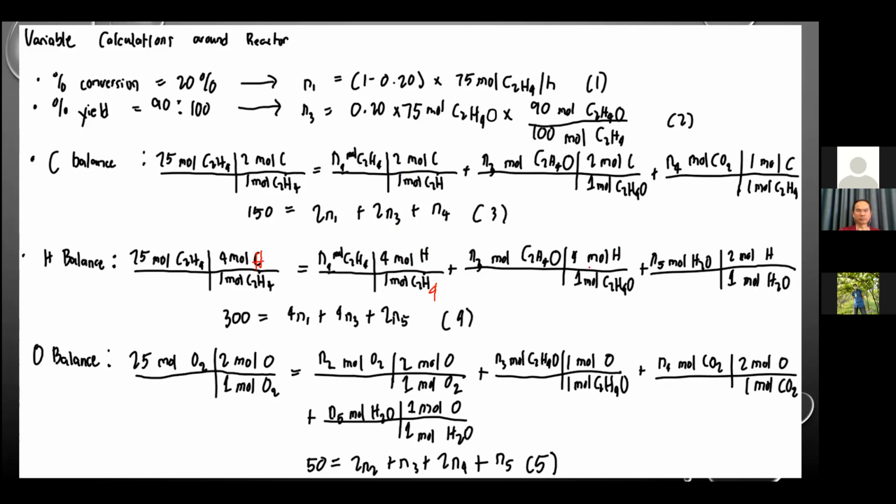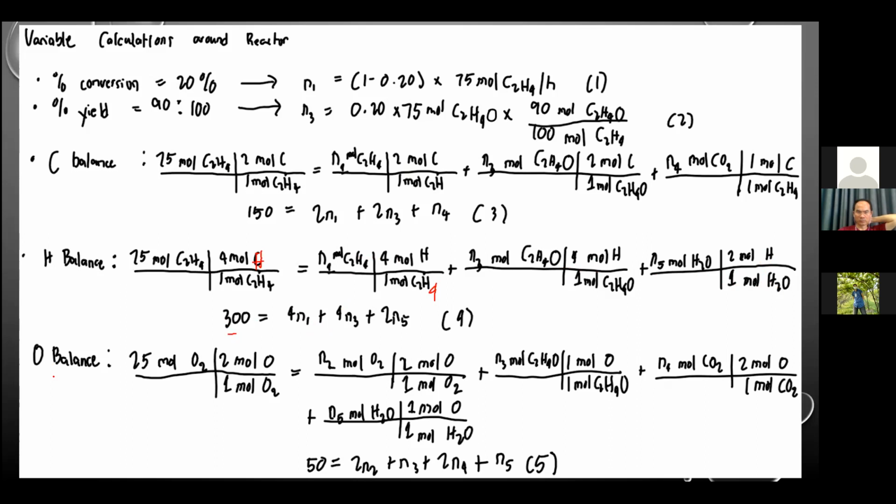In N3, in 1 mole of C2H4O there are 4 moles of hydrogen, and in N5, in 1 mole of water there are 2 moles of hydrogen. After that we simplify it and come up with this equation.